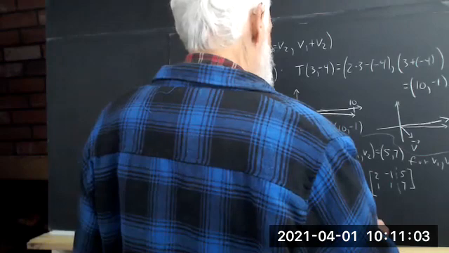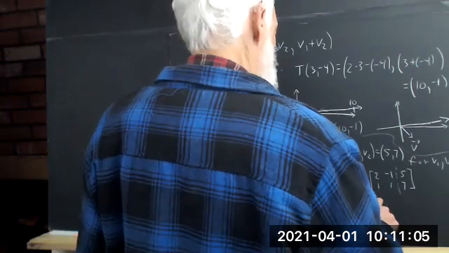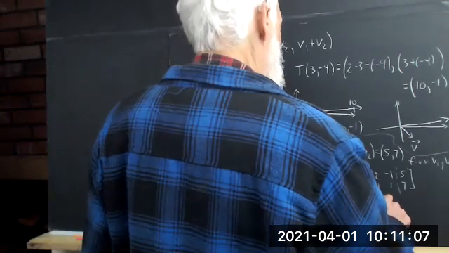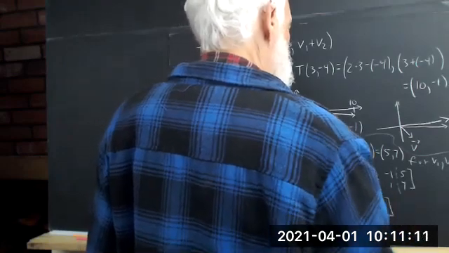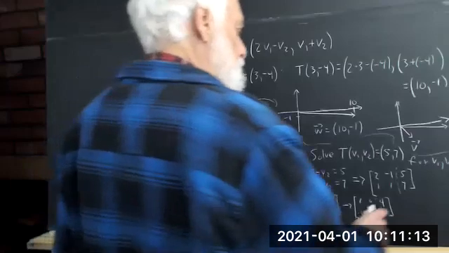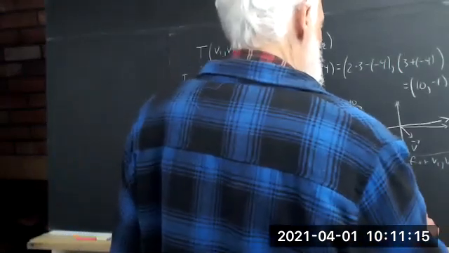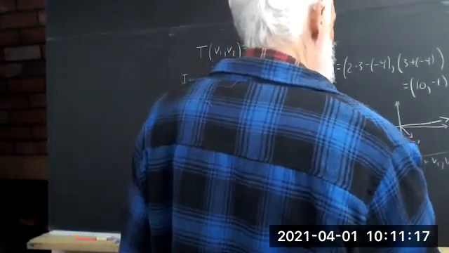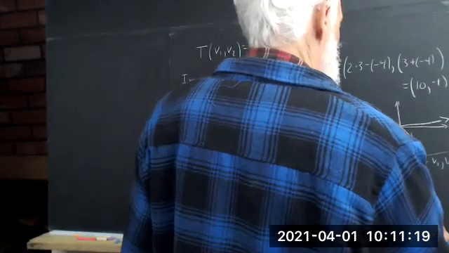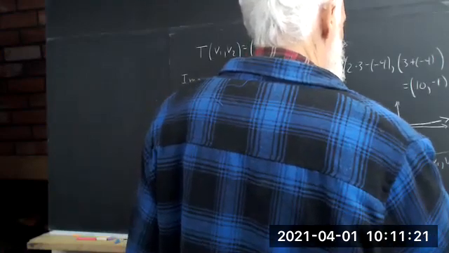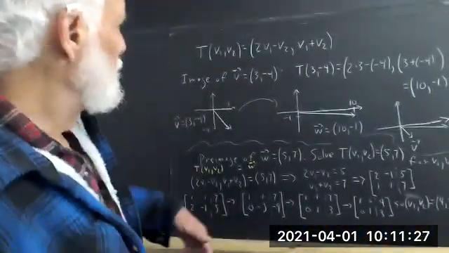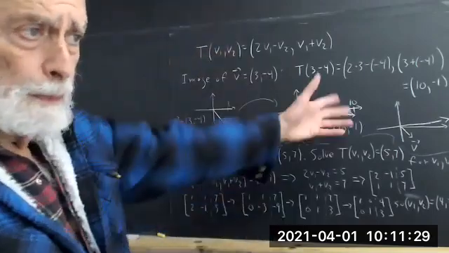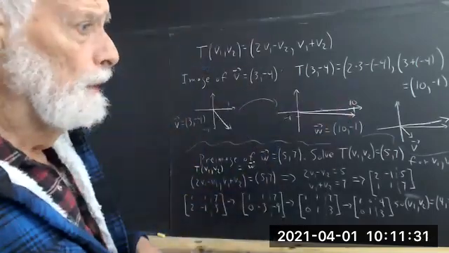And that gives me 1, 0, 4, 0, 1, 3. So V1, V2 equals 4, 3.